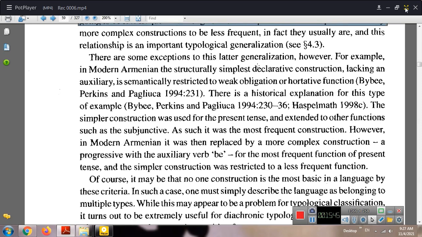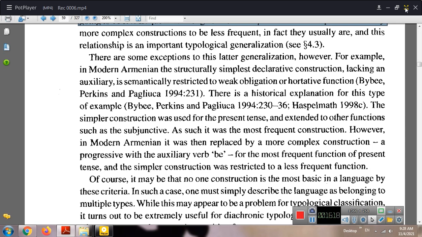There are some exceptions to this latter generalization. However, for example, in modern American English, the structurally simplest declarative construction, lacking an auxiliary, is semantically restricted to weak obligation or hortative function. So the hortative function, we give others a piece of advice. There is a historical explanation for this type of example.